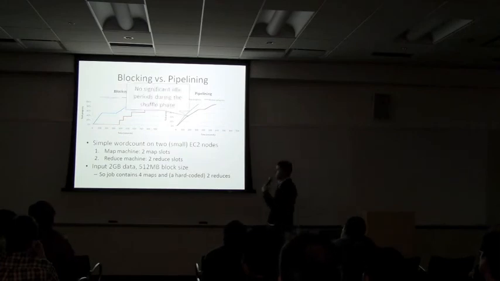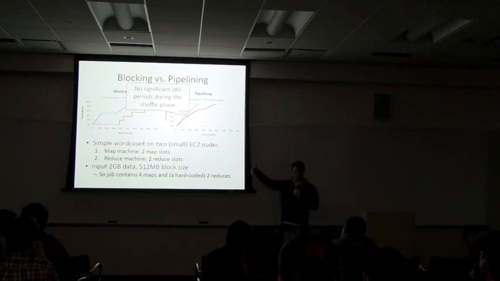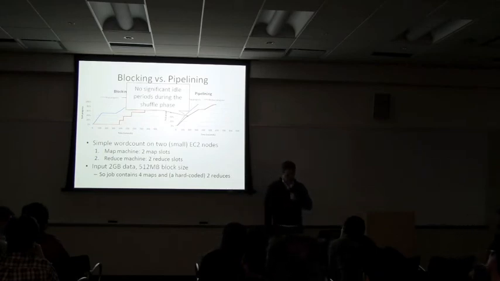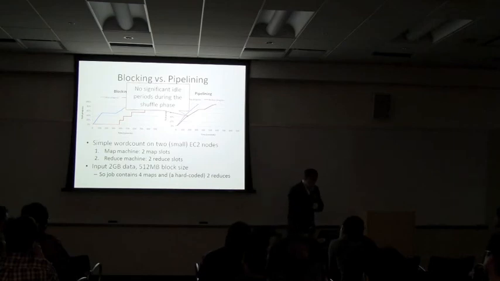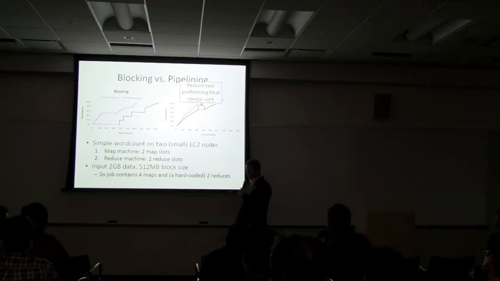Now over here in the pipelining case, we don't see any significant idle periods during the shuffle phase, meaning that the reduces in the pipelining case are constantly receiving data, constantly making progress on the shuffle phase. What pipelining will do, though, is push more sorting work to the reduce side.